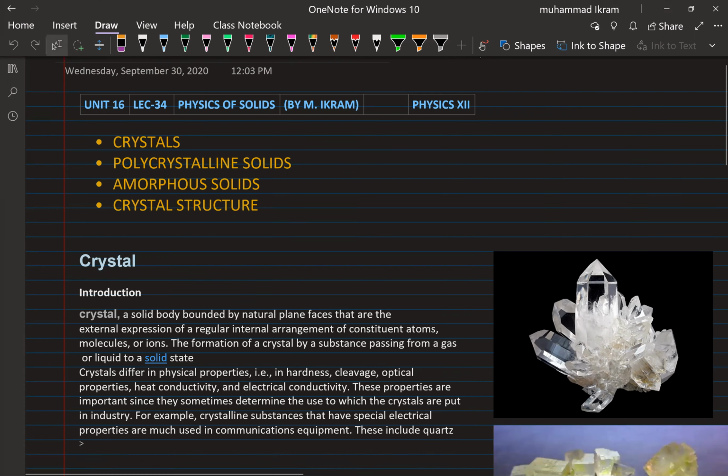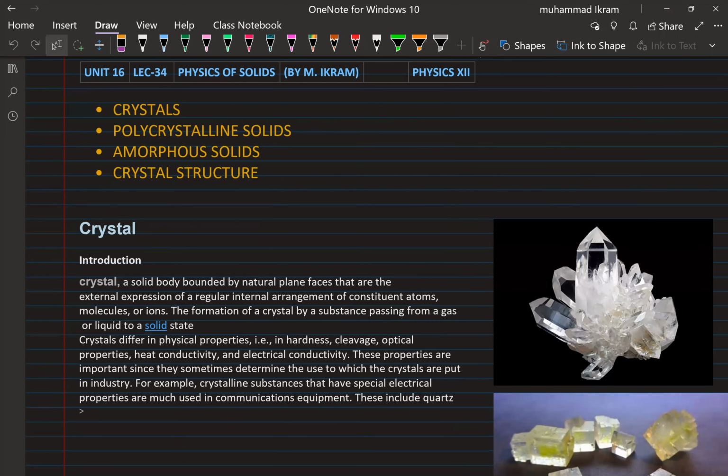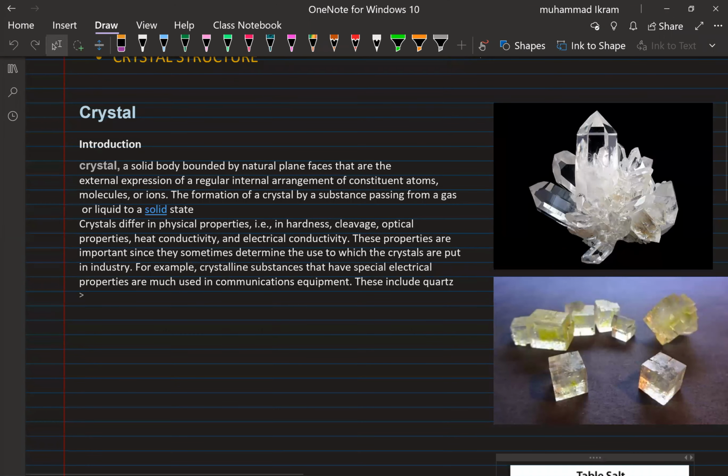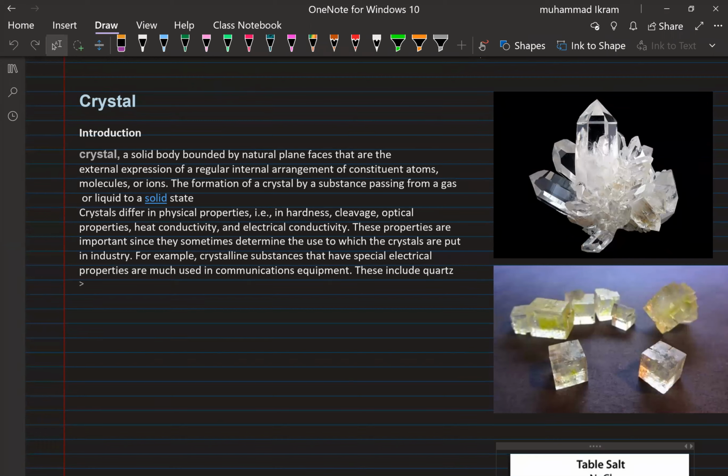Here we will study about crystals, types of crystals, polycrystalline solids, amorphous solids, and the crystal structure. So first, crystal. Let me introduce the crystal to you.